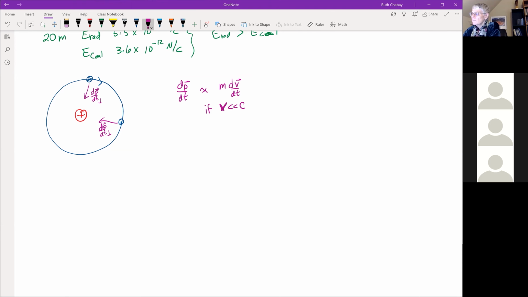So we have approximately its mass times its acceleration. So it's going to have an acceleration inward. So an accelerated charge radiates.